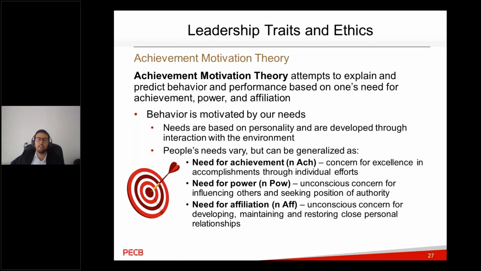The need for affiliation is the unconscious concern for developing, maintaining, and restoring close personal relationships with others. People that have a strong need for affiliation are sensitive to others and are characterized as seeking close relationships and maintaining these.